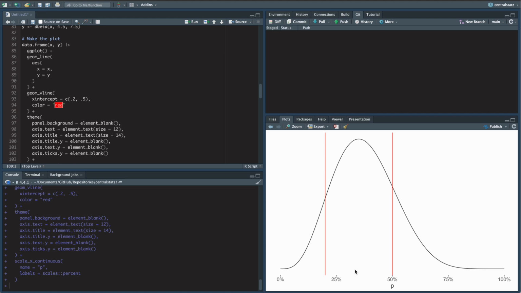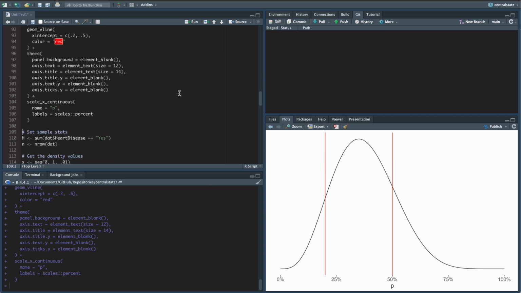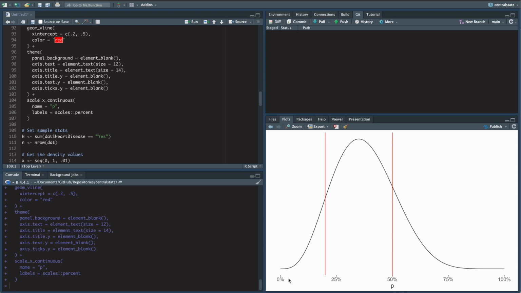We have no data collected, but we can construct this curve showing where we think, based on what we know about the phenomenon we're modeling here, in this case heart disease rates, that the parameter, the true proportion of patients with heart disease, is somewhere between 20 and 50%, in terms of that's where most of this probability mass lies.